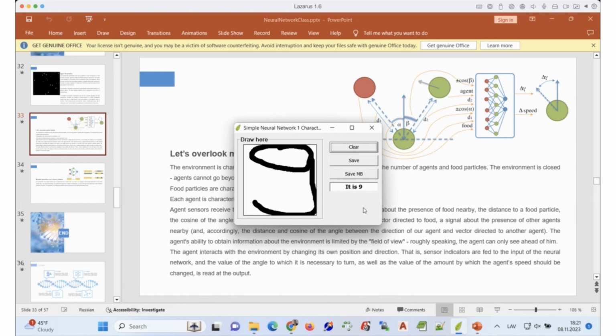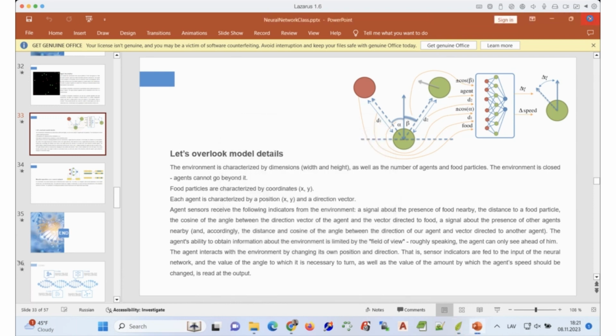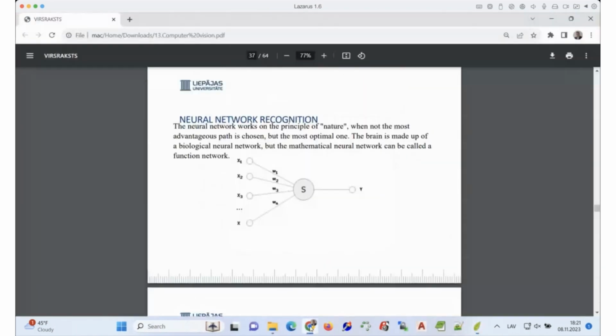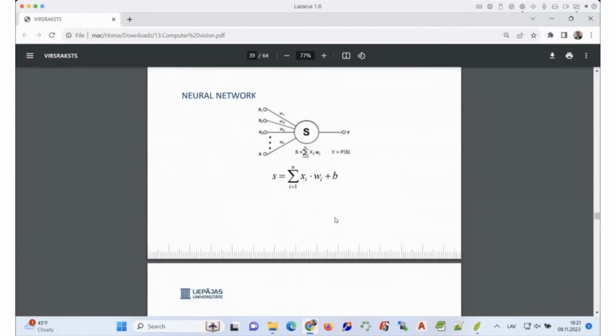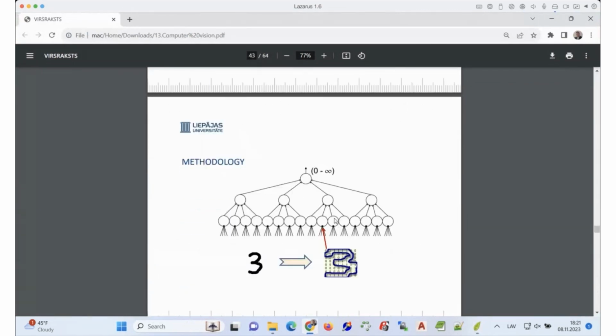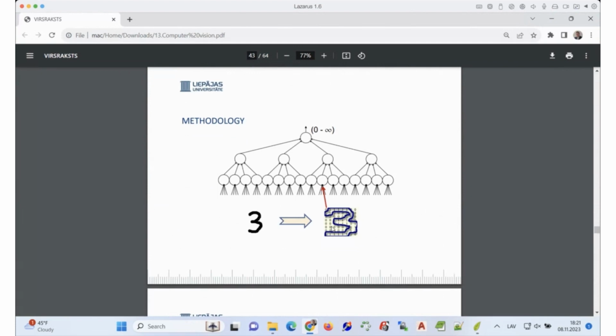Okay, maybe let's return to that initial presentation which we had. So the only addition I would like to add here is about the inputs for the input layer of neurons for symbol recognition.